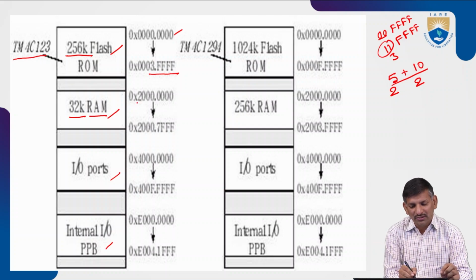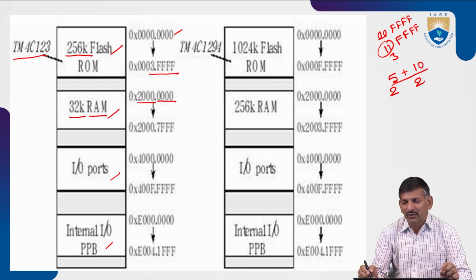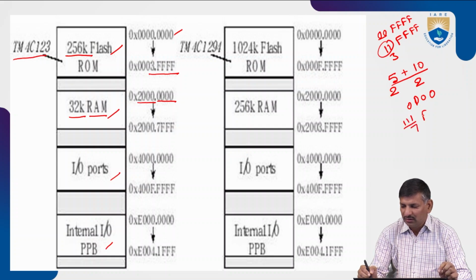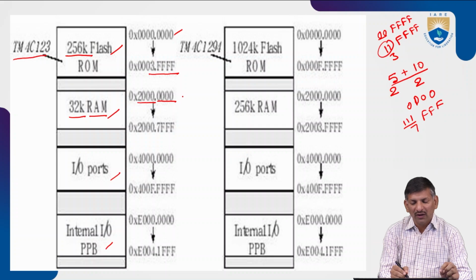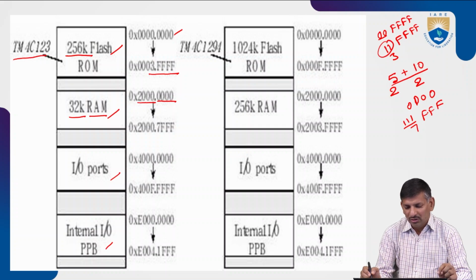So the starting address is 20000000. 15 bits means minimum value 15 zeros, in hexadecimal 4 zeros, to maximum value 15 ones, 3 ones means 7 and F's. So the range of the memory location addresses assigned for this RAM is 20000000 to 20007FFF.